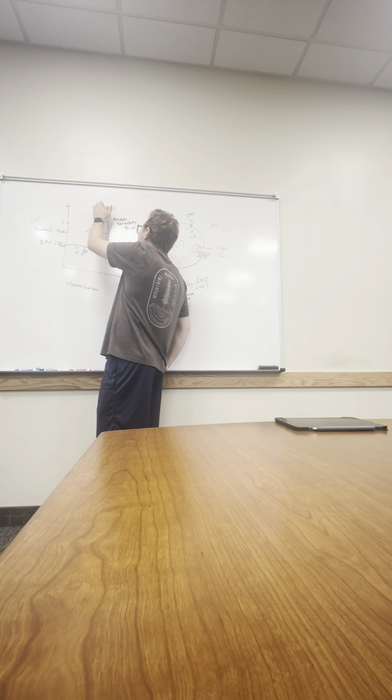So that rising phase helps us to create an action potential, and then the falling phase helps us to go back to resting membrane potential. Any other questions for me?